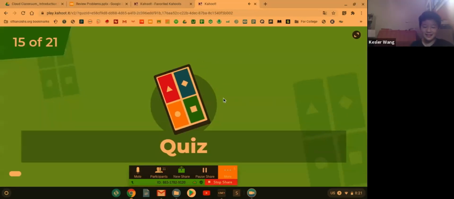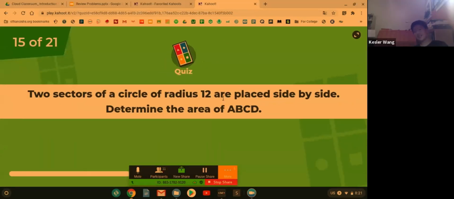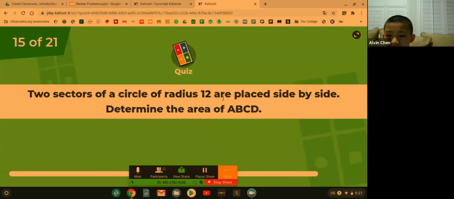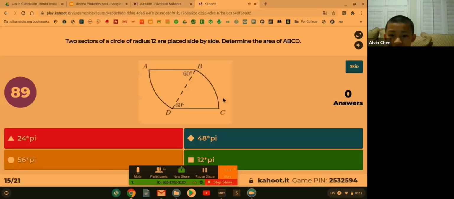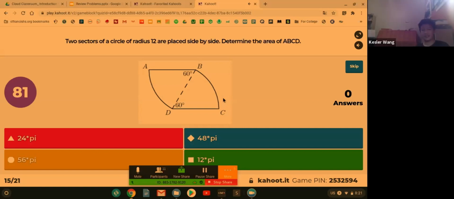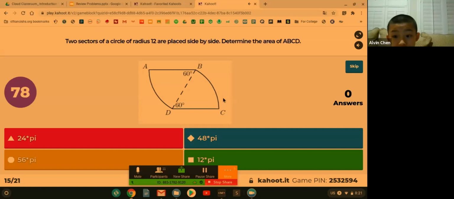Two sectors of a circle of radius 2 are placed side by side, A, B, C, D. Isn't it basically a half circle? Nope. It is. No, it's not.